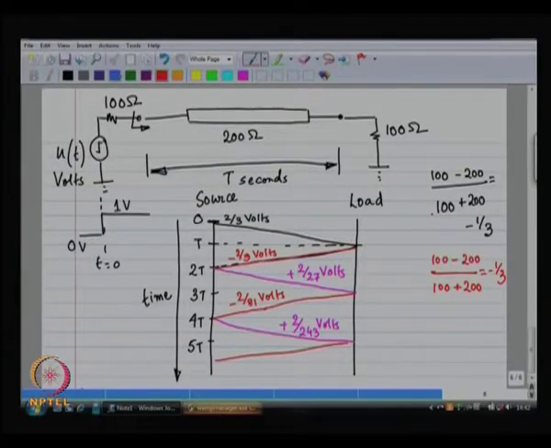So at this point of time at the load, the voltage is 0 volts. Right after the voltage waveform has reached and the reflection has taken place, the voltage at the load is going to be 2/3 minus 2 by 9. I sum all the waves: the voltage wave that has reached plus the voltage wave that has reflected, and that gives me 4 by 9 volts.